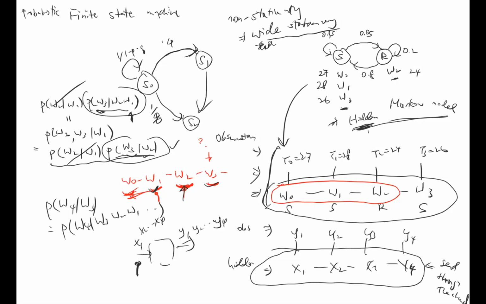You can show it in a similar manner that W4 given W2 is the same as W4 given W2, W1. Would P of W4 given W2 be equal to just P of W4? I mean, it does give us a little bit of information, right, given W2?